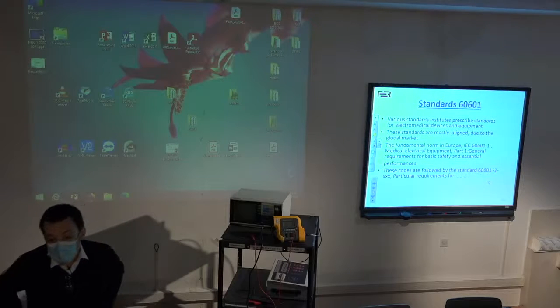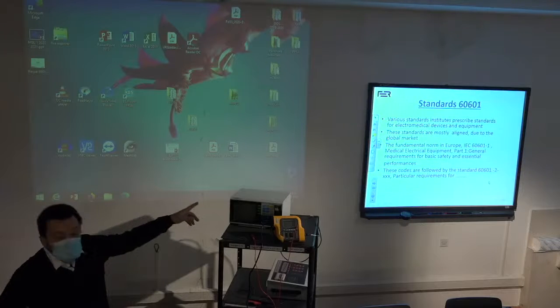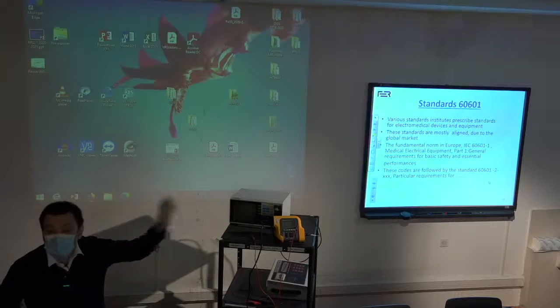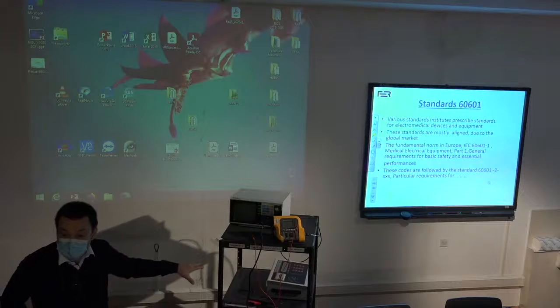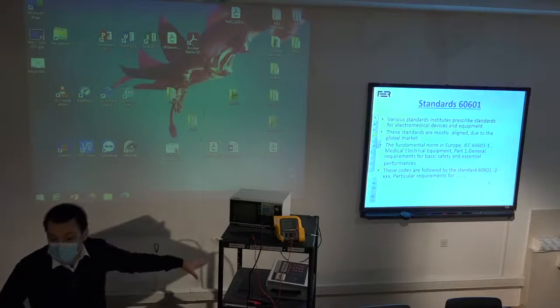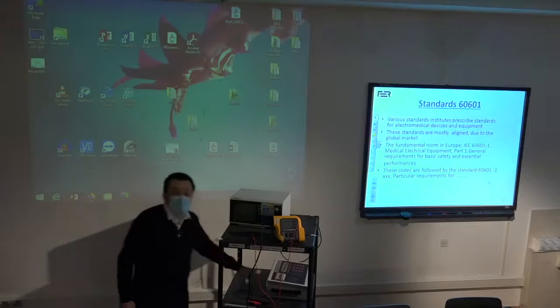And the second reason why we are not using it is that the standard 6601-1 has changed. So actually the values that are memorized in some kind of EPROM in this device here are not the right ones.